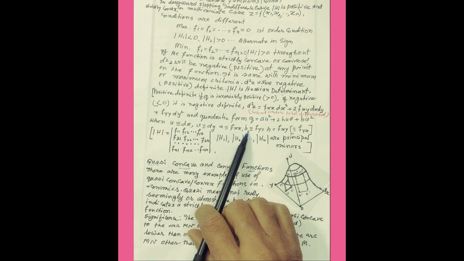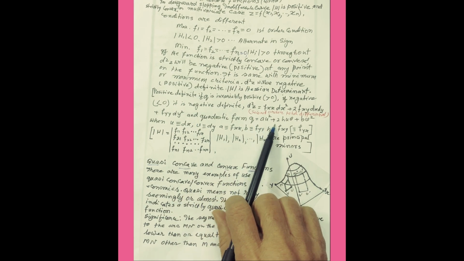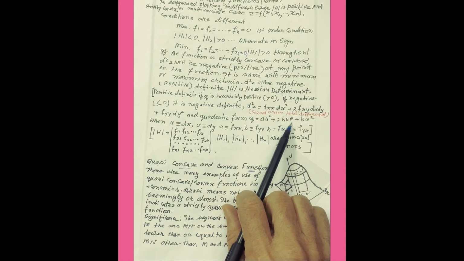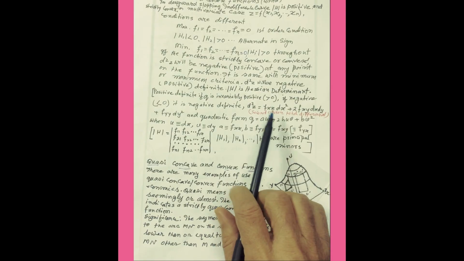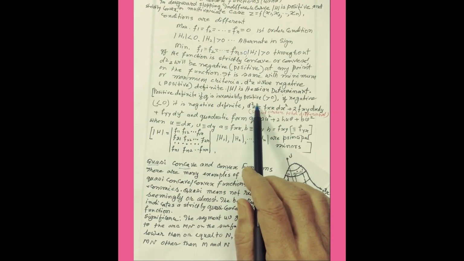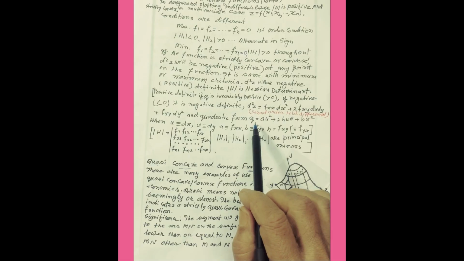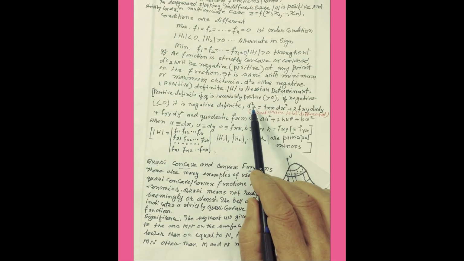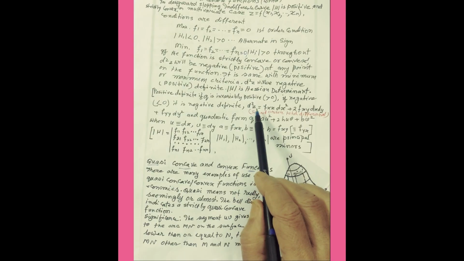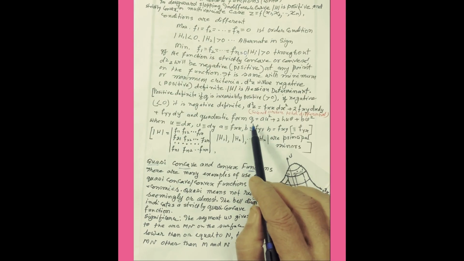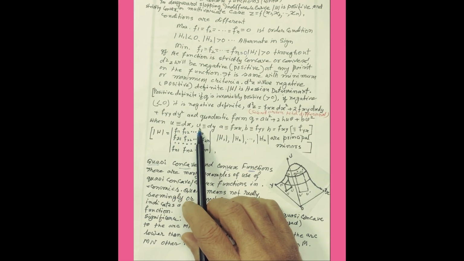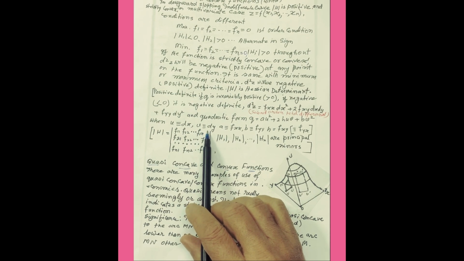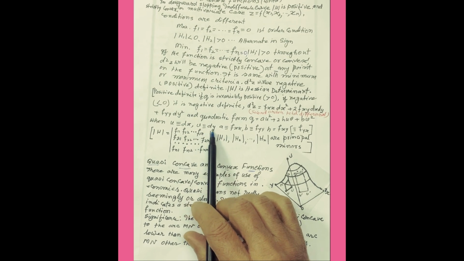And the quadratic form Q is equal to A U square plus 2 H U V plus B V square. Now, what is this? Q is equal to d square z. Here U is identical to dx, V is identical to dy.